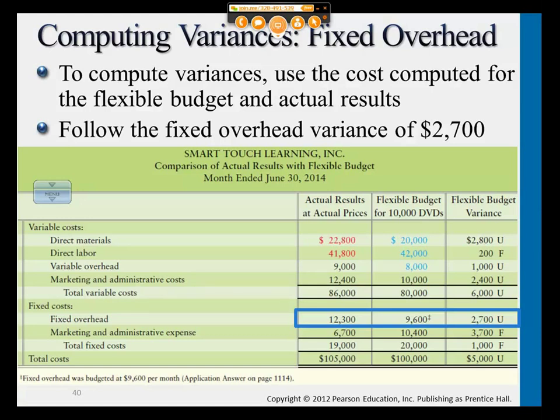That formula. So we got it for 10,000 DVDs. Our fixed overhead is at 9,600. So the flexible budget variance is calculated at 2,700, and it's unfavorable, right? It's my fixed overhead where my actual results are greater than my flexible budget results.